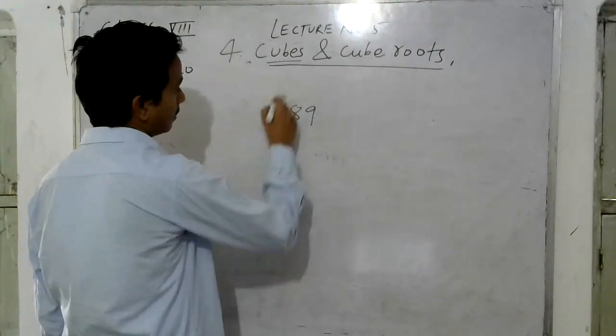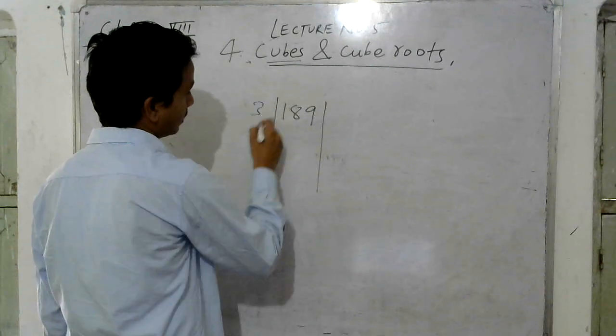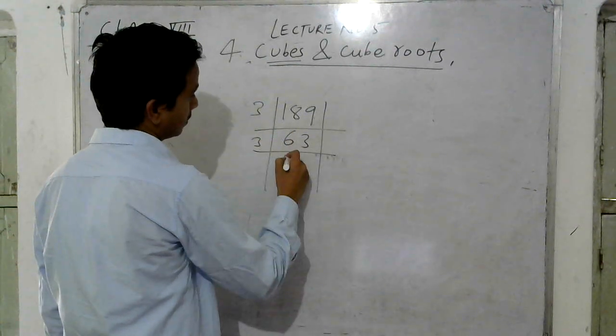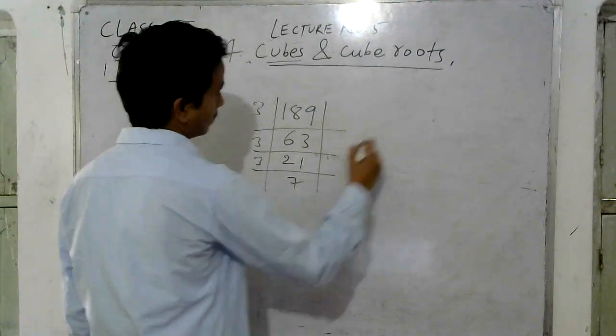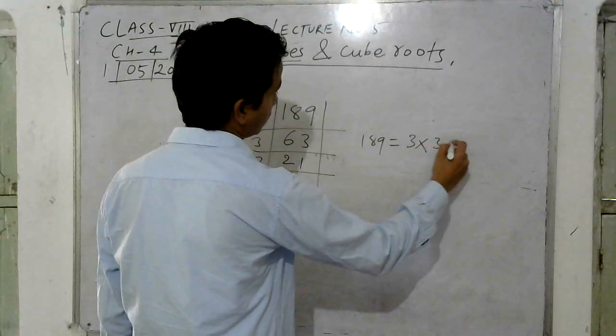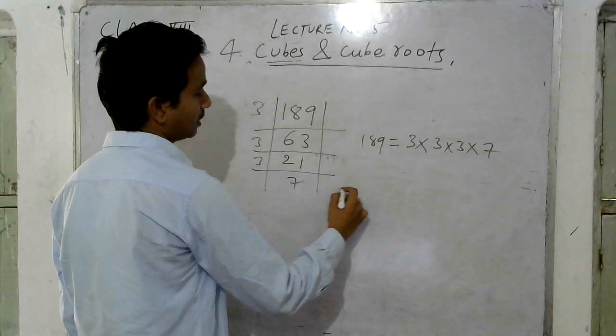Take prime factors of it: 189, 3, 63, 3, 21, 3, 7. So our question can be like this: 189 can be written as 3 into 3 into 3 into 7. By what least number should 189 be multiplied?